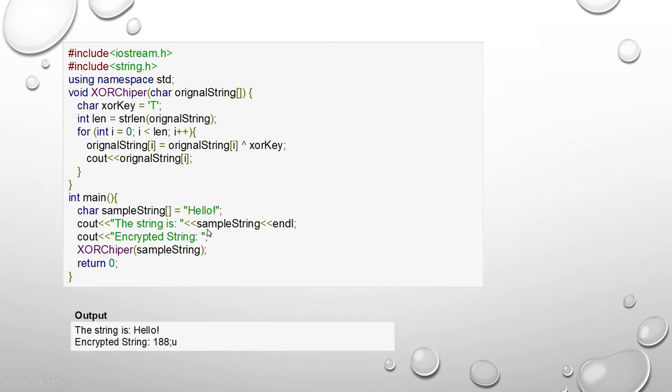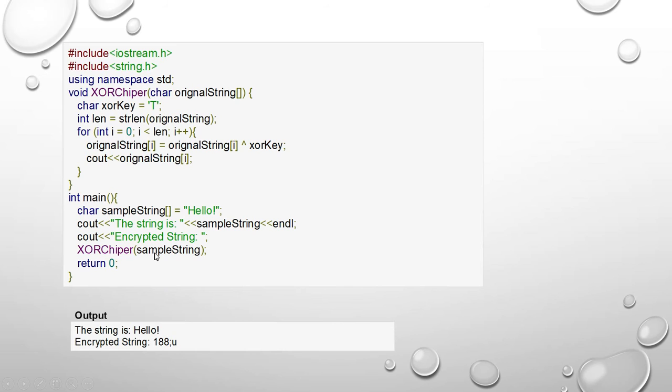Now I pass this hello exclamation mark to encrypt that value. For encryption, we are passing the string to a function named XOR cipher, with the variable sample string. The sample string array has the content hello exclamation mark.